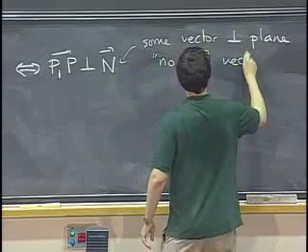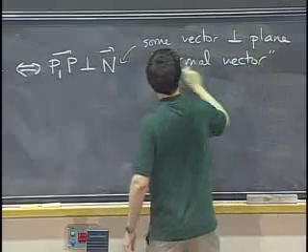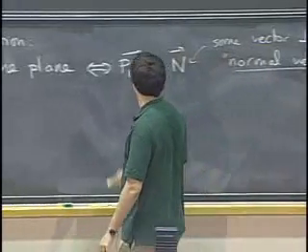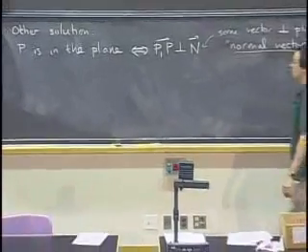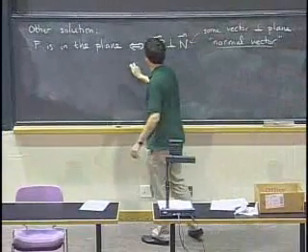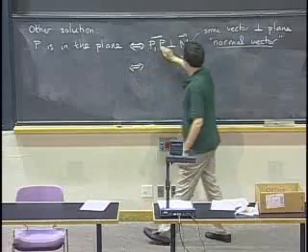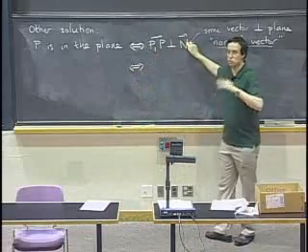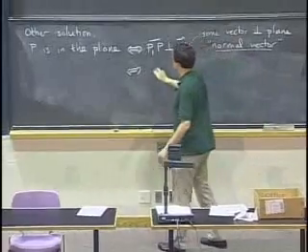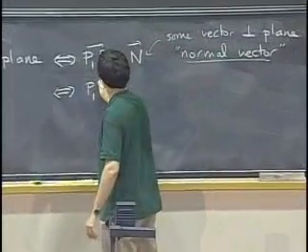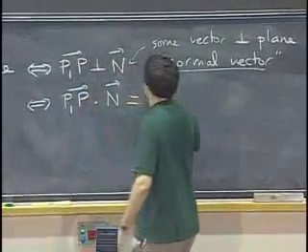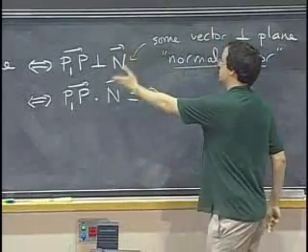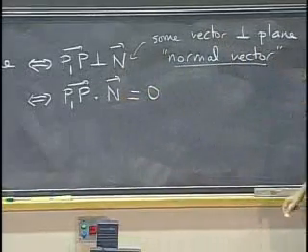Not that the others are abnormal, but okay. So how do we rephrase this condition? Well, we've learned how to detect whether 2 vectors are perpendicular to each other using dot product. That's the first lecture. So these two vectors are perpendicular exactly when their dot product is 0.